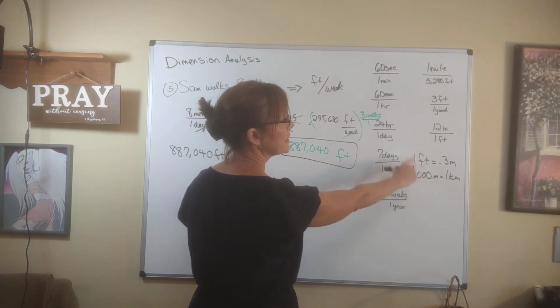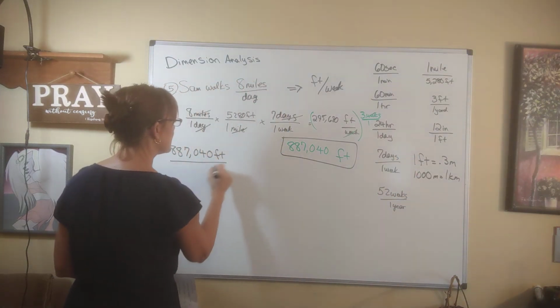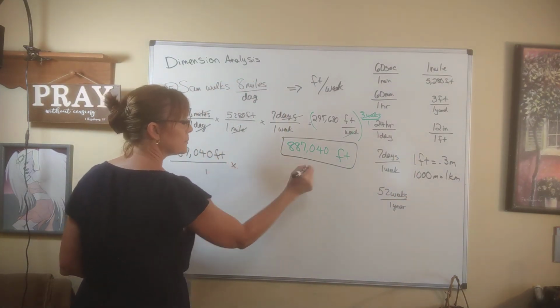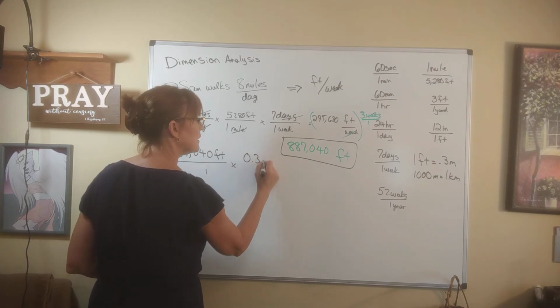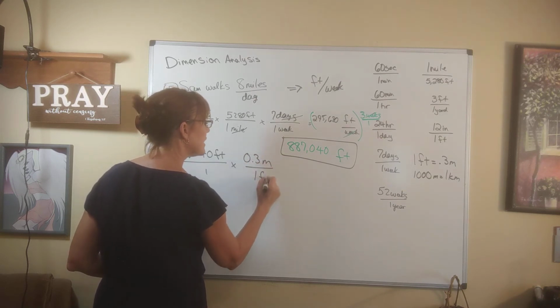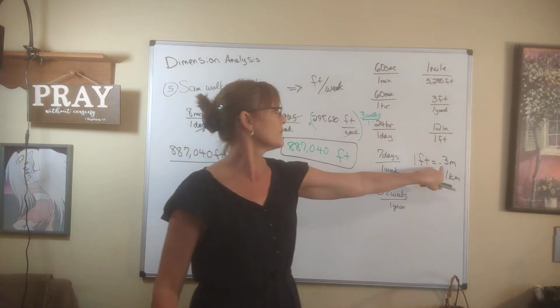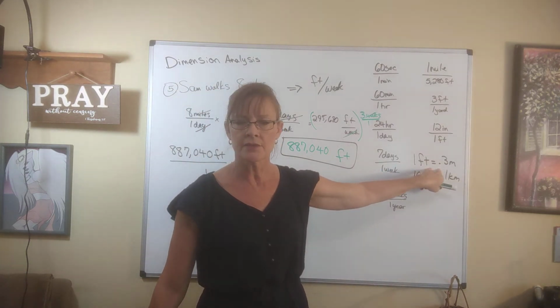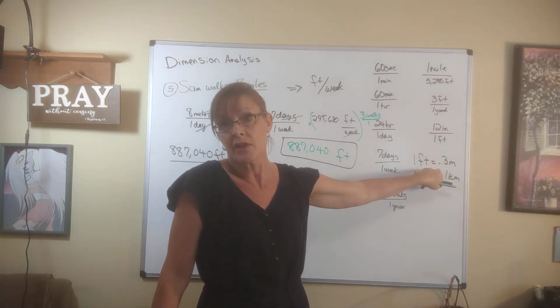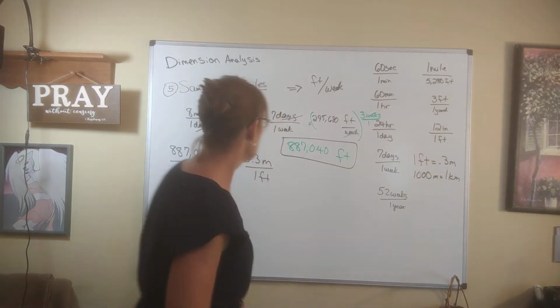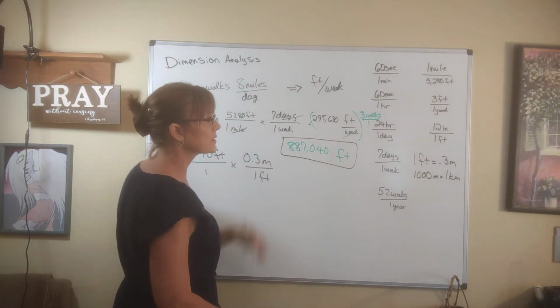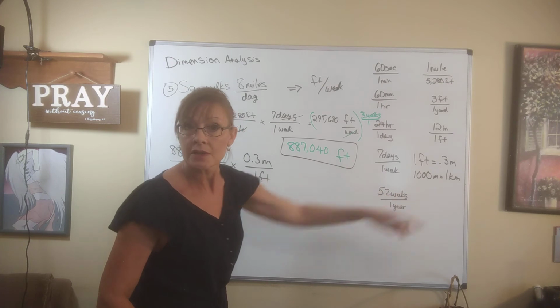And we can do that with these two. Put this over 1, remember, times 0.3 meters per 1 foot. Now this is not the only conversion. There are so many different conversions that you can find. This is just the one I found, so I'm going to use it. It works. I'm going to convert feet to meters, and then there are 1,000 meters in 1 kilometer.